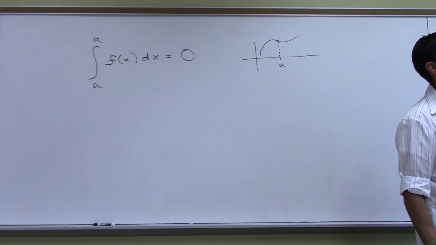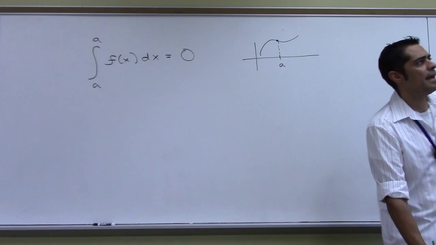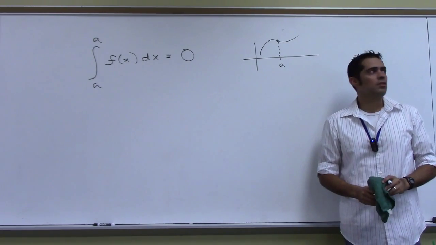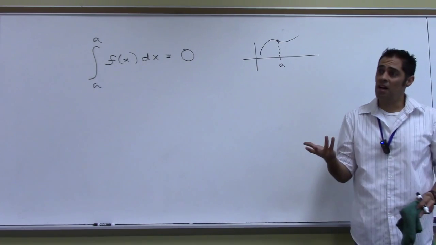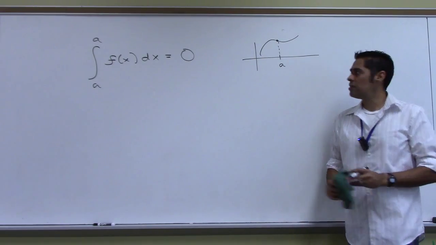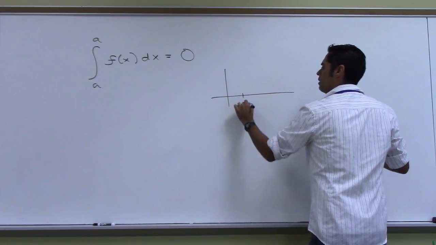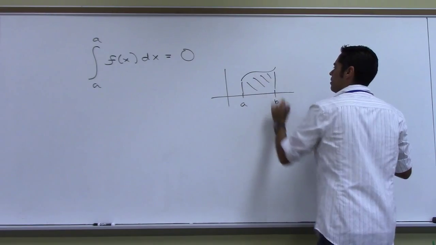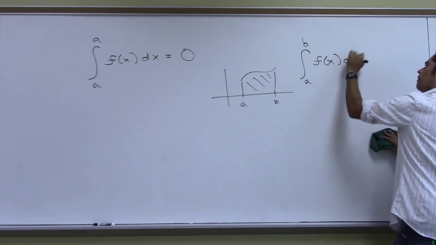The next property says that if you integrate and you go from a to b, that's equivalent to going from what? B to a and change the sign. But you have to change the sign. So in other words, if you have an area under a curve from a to b, like this, whatever that area is, here's the integral that represents that.